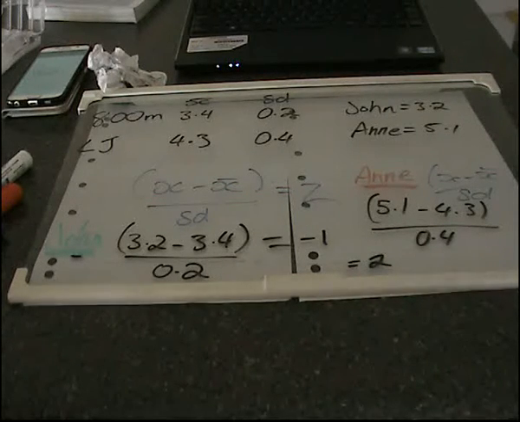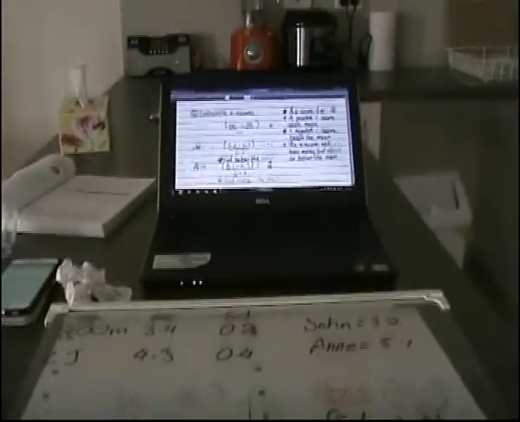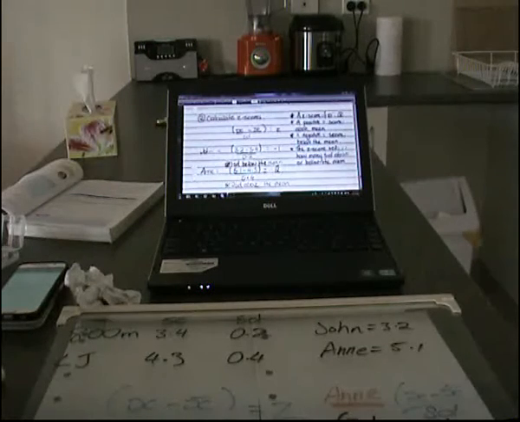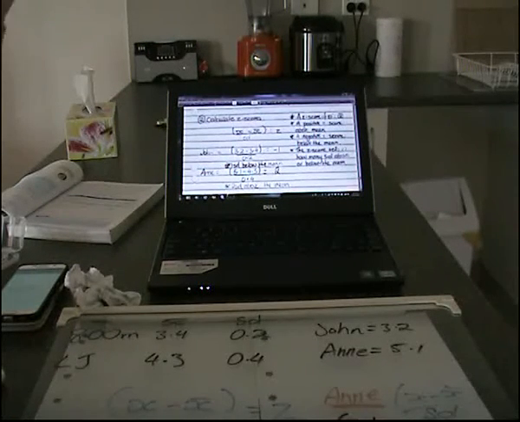So what this means is, back to your notes. A Z-score of 0 means that the person has got the exact same number as the mean. A positive Z-score means that they are above the mean.